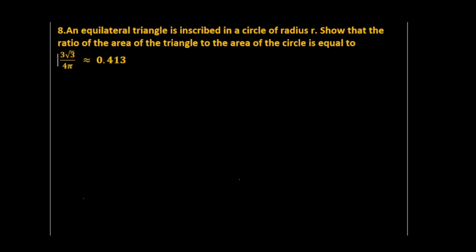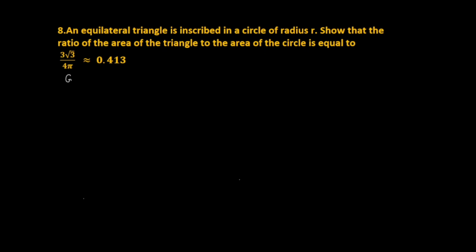Eighth question. An equilateral triangle is inscribed in a circle of radius r. Show that the ratio of the area of the triangle to the area of the circle is equal to 3 root 3 by 4 pi, approximately 0.413. So here the given triangle is an equilateral triangle inscribed in a circle.